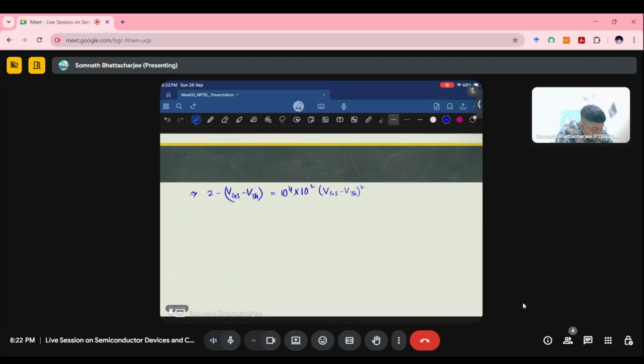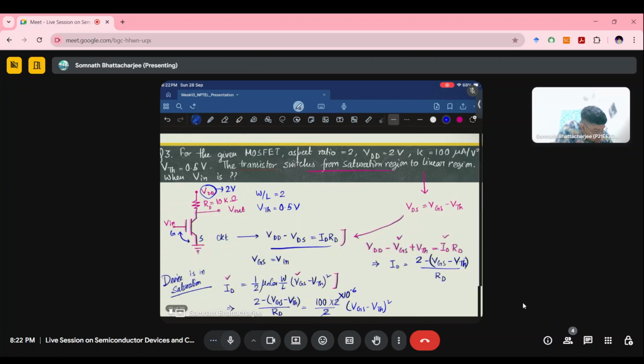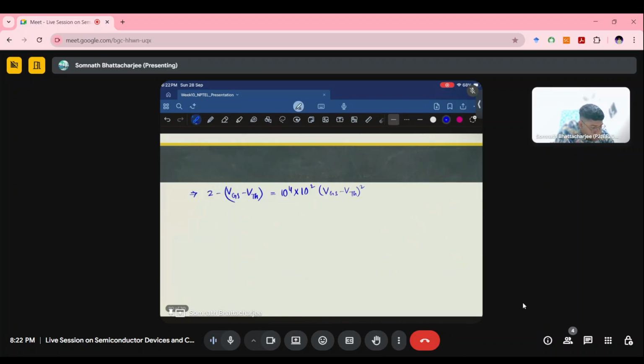So that is 10 to the power minus 4 and 10 to the power plus 4, so these are getting cancelled out. So this will be VGS minus VTH whole square.